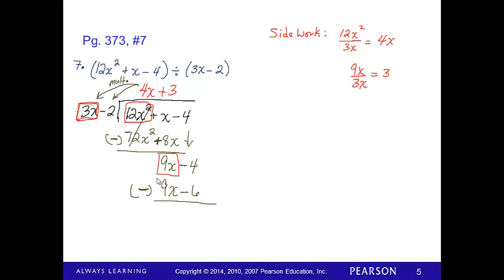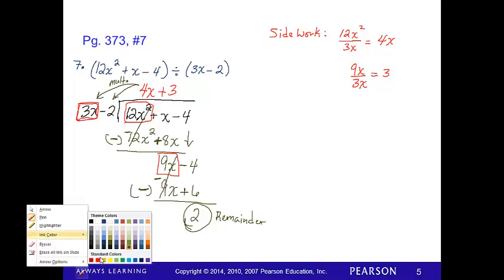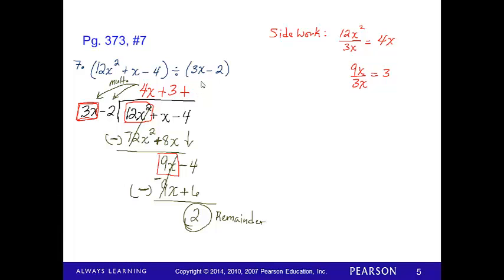Subtract, which means the 9 becomes negative and the 6 becomes positive. These cancel out and this leaves you with a 2. This 2 is your remainder. So we have a remainder of plus 2 divided by the original divisor, which was 3x minus 2. So your final answer is 4x plus 3 plus 2 over 3x minus 2.